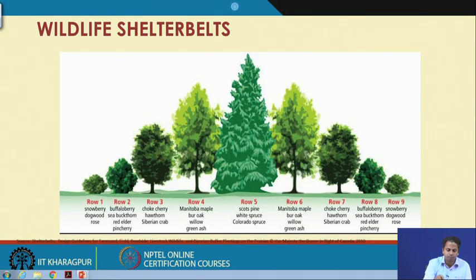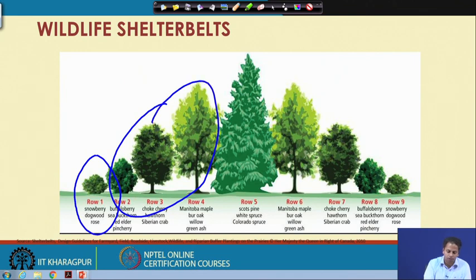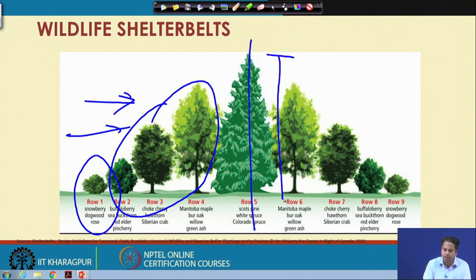This is one example of wildlife shelter belts. Here we are using different combinations of tree species. On the windward side, we start with shrubs of lower height and lower density. In the middle, the coniferous trees with very high density.